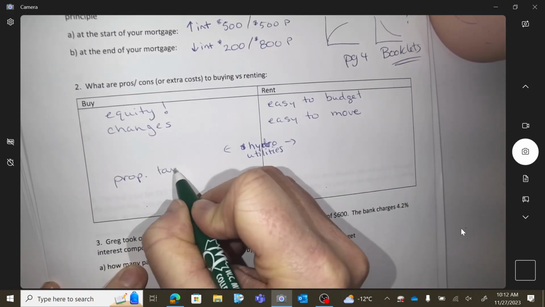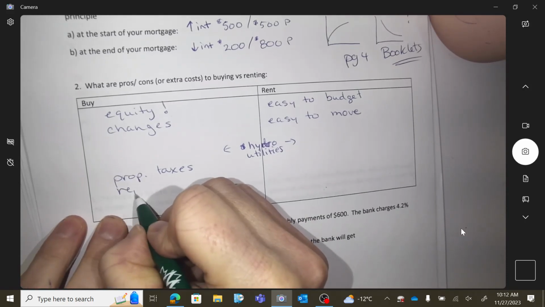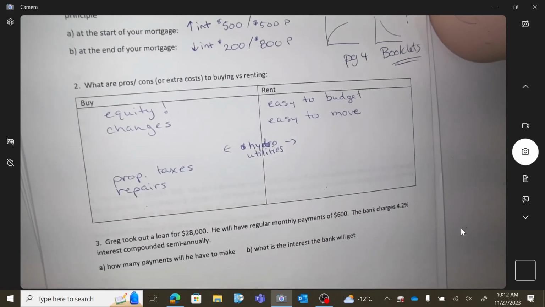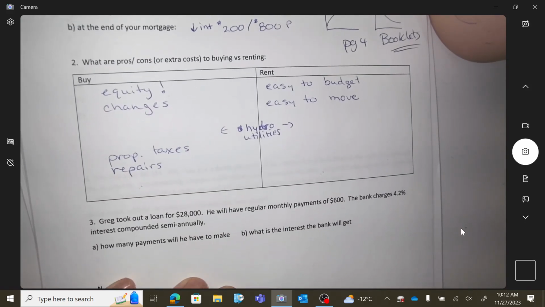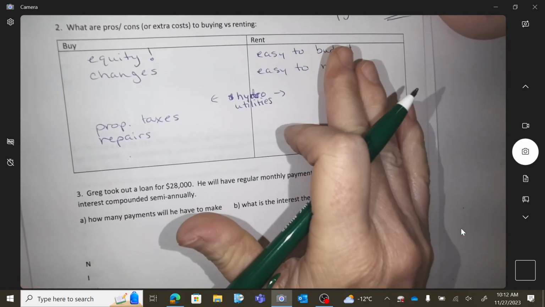Property taxes. That's just for people who buy houses. When you rent, you don't have to do that. Repairs, right? If you have to fix the shingles, that's just for somebody who buys a house, not for somebody who rents. That's why it's easier to budget, right?